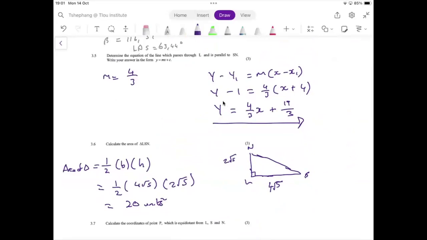The area of a triangle is just half of the base multiplied by the height. Well, if that's the case, then what you just need to do is substitute. The base can be 4√5 and the height can be 2√5. Then you get 20 units squared.